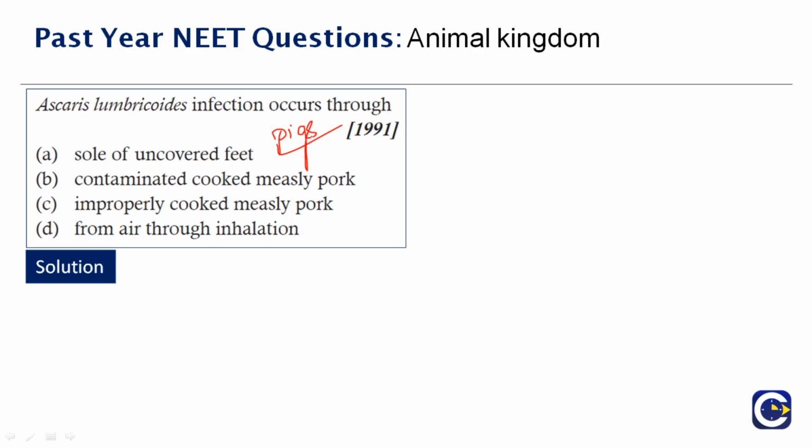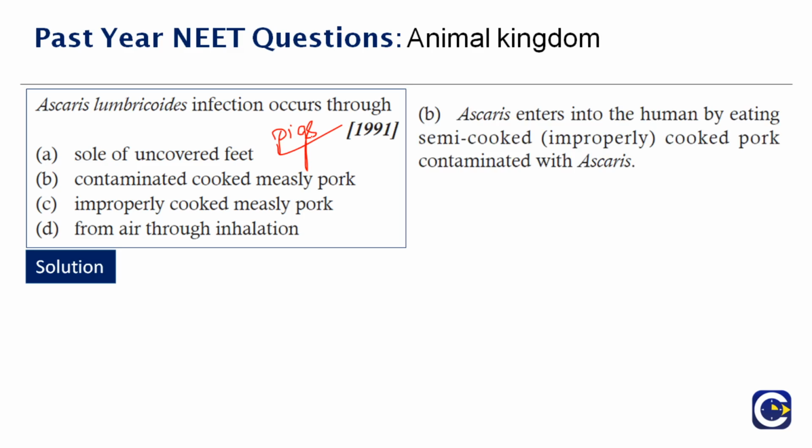Ascaris enters humans by eating semi-cooked or improperly cooked pork contaminated with this particular worm. You will not actually find them in the form of worms, because if we found worms we could understand and throw it away. But here the infestation is in the form of eggs, which is why we do not identify it. So it is always important to cook the meat properly before eating. Option B is the right answer.